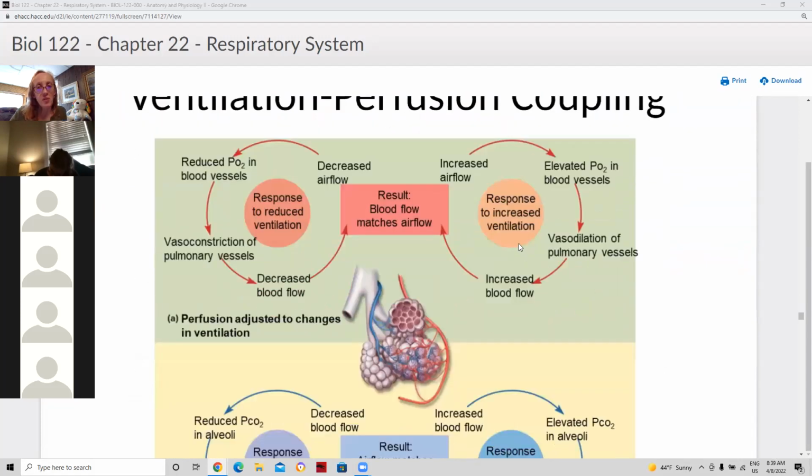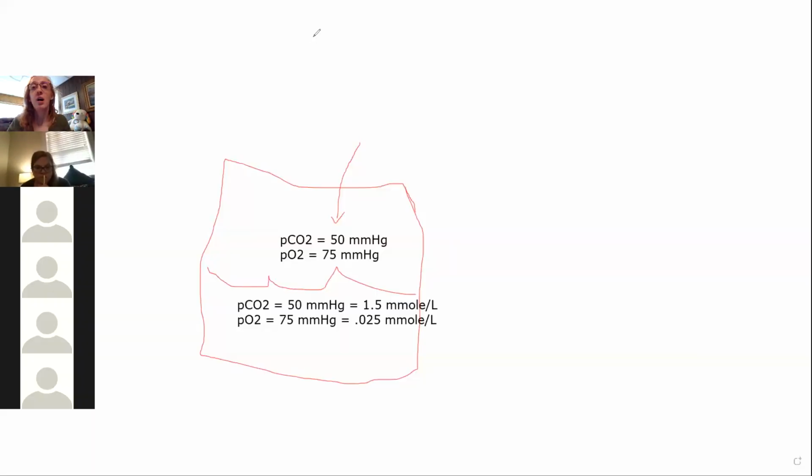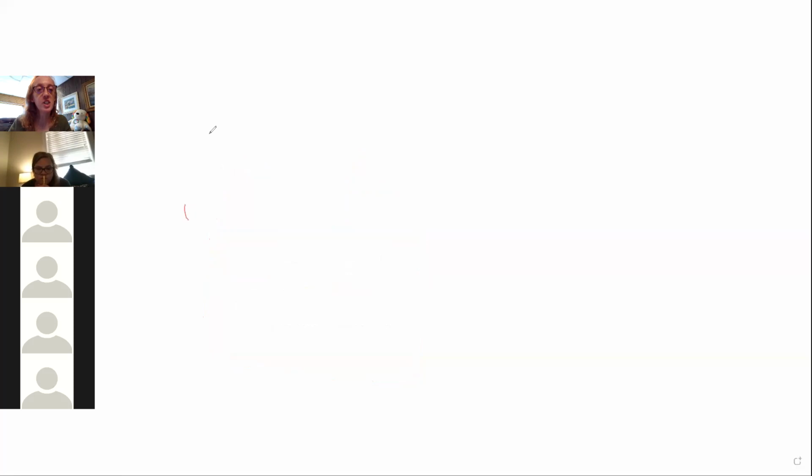One other thing to keep in mind here is that there is a ventilation perfusion coupling, and I'm going to come back to the whiteboard for a minute. Ventilation is airflow.